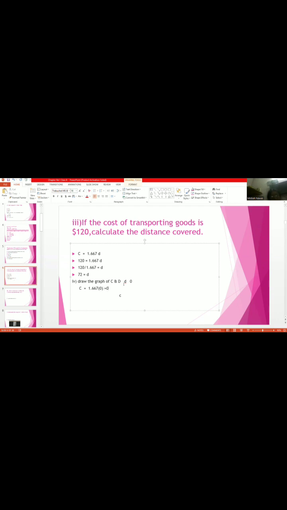This means when D is equal to 0, then obviously C is also 0. So I write here C is equal to 0. Now I take the second value of D, that is 1. And obviously when I multiply 1 with 1.667, again I will get 1.667.